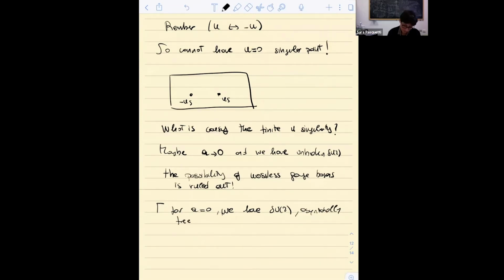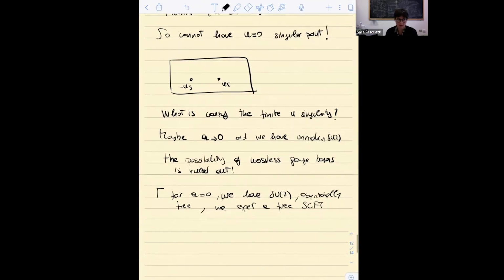And we expect, by asymptotic freedom, a free superconformal fixed point in the UV. And in this superconformal theory, we will have N=2 superconformal field theory.